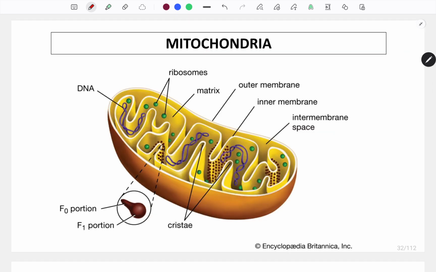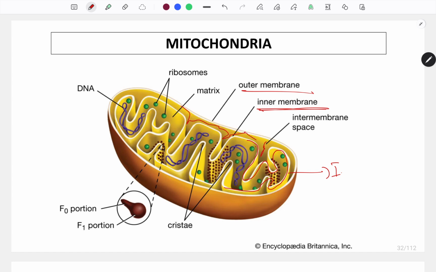This is how mitochondria will look. As I explained before, it is a double membrane containing organelle. That means there are two membranes. One is the outer membrane of the mitochondria, and inside it, one more membrane is present, that is the inner membrane of the mitochondria.